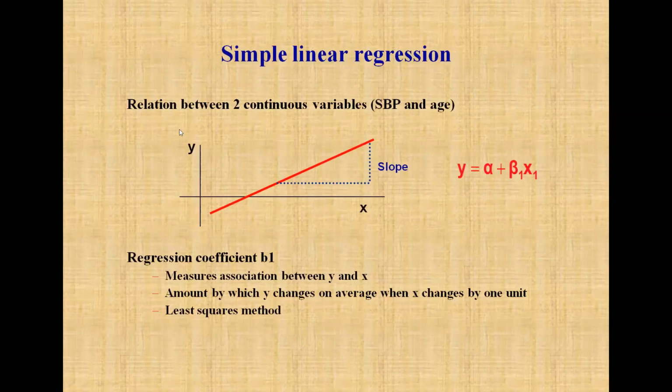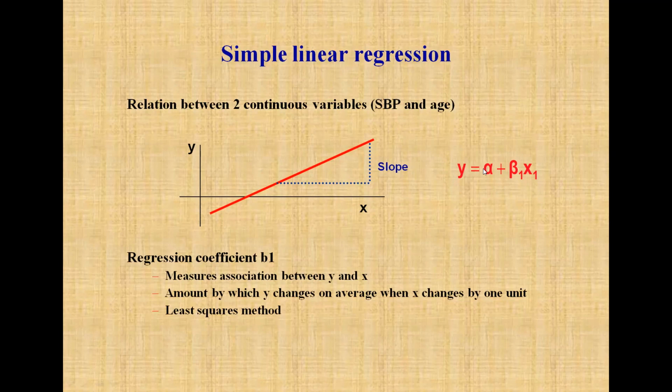Simple linear relation between two continuous variables. SBP, systolic blood pressure, is a continuous variable, age is also a continuous variable, and this is the graph, and this is the equation, simple linear regression: y is equal to alpha plus beta 1 x1. X1 is the variable.